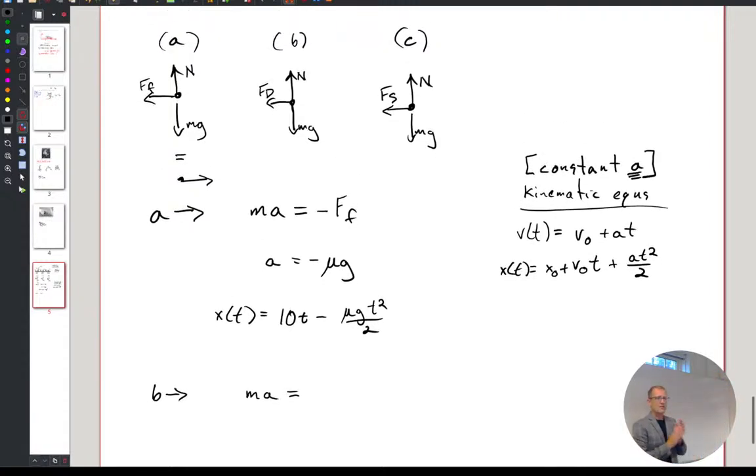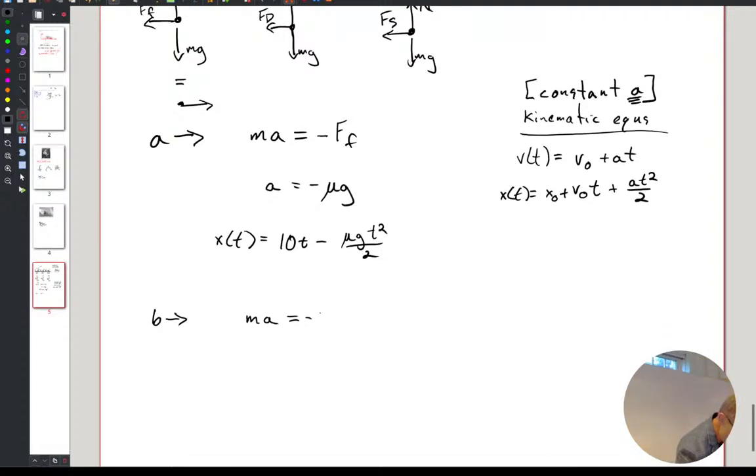What about for part B? What is MA? So it's negative fd.